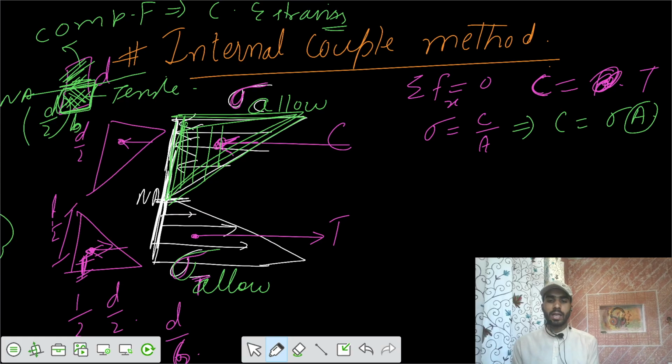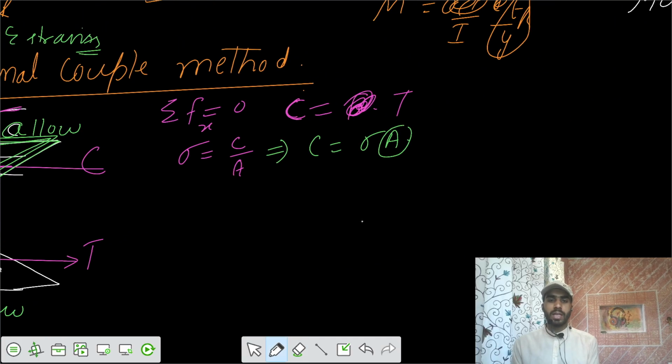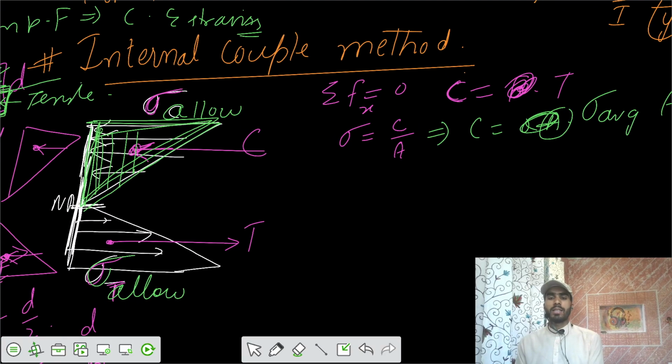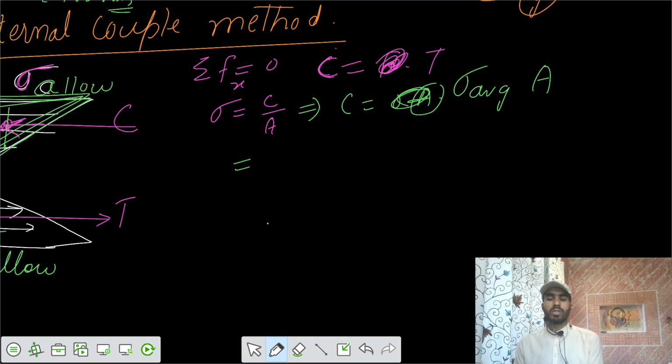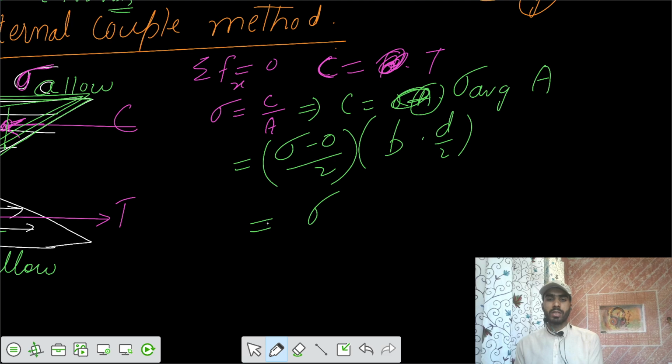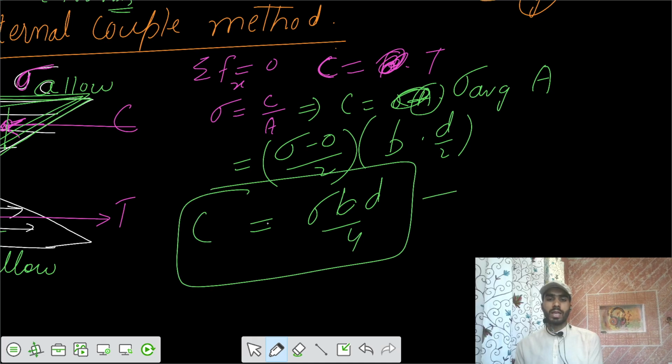So the value of C we can write as sigma average into A. Along this depth d by 2, sigma is varying from 0 to sigma allowable, so we can take the average because it's a linear variation. So we write sigma minus 0 by 2 into area b into d by 2. We got sigma into b d by 4. So it's a compressive force of sigma b d by 4, and the tensile force is equal to it.